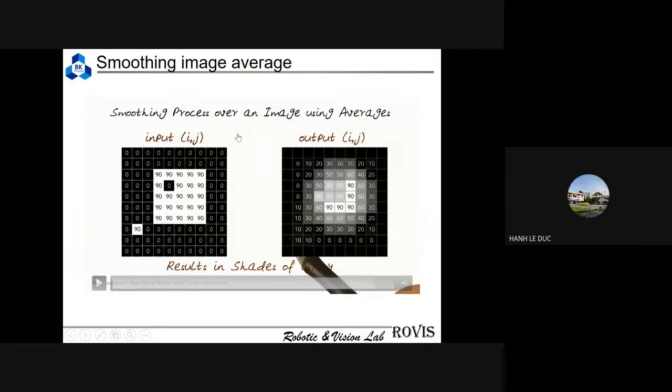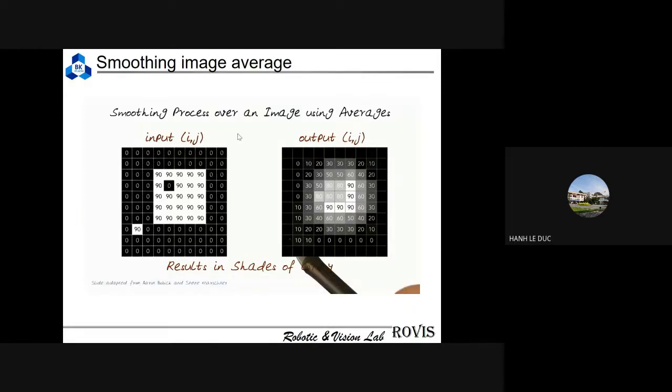Okay. So normally in image processing, before doing the recognition, you have to apply a filter on the image first, and one filter that is used more often is the blur image.